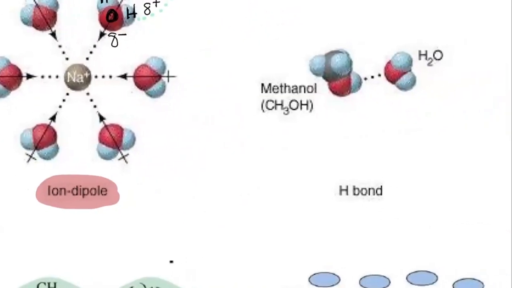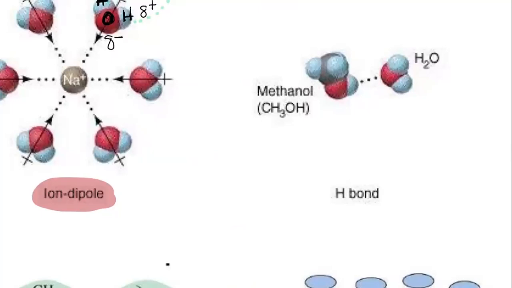Now, two molecules can also interact with one another via hydrogen bonds. Here we have methanol. As you can see, methanol has an OH group. Water also has an oxygen bonded to hydrogen atoms. Look at the structure. Let me just include the atoms. This is a hydrogen, this is an oxygen, this is hydrogen, this is hydrogen, this is oxygen, this is carbon, this is hydrogen, hydrogen, and the other hydrogen is back here.